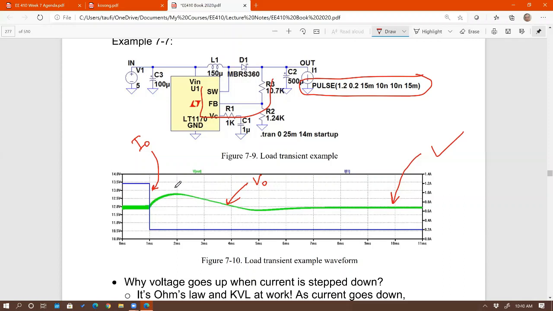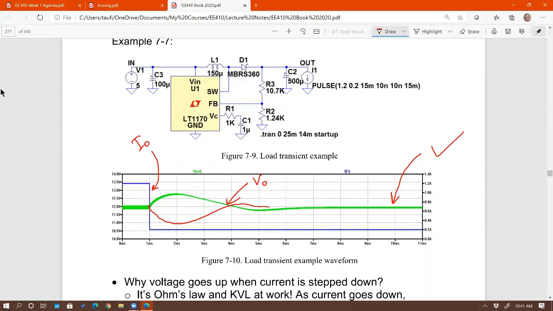Does that make sense to you? To me, it does, because less current means what? Why is the output voltage not coming down? Because you're still supplying power.